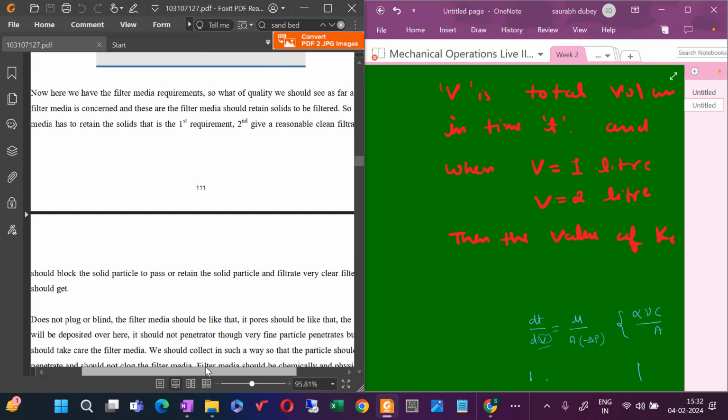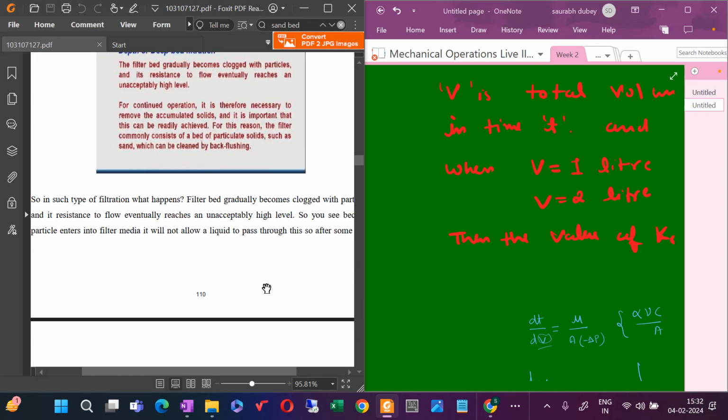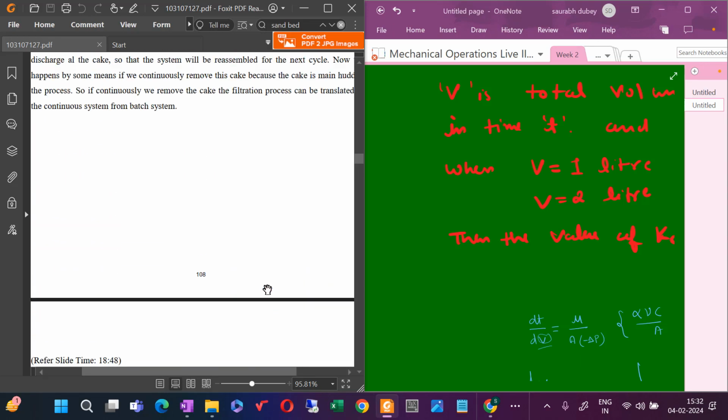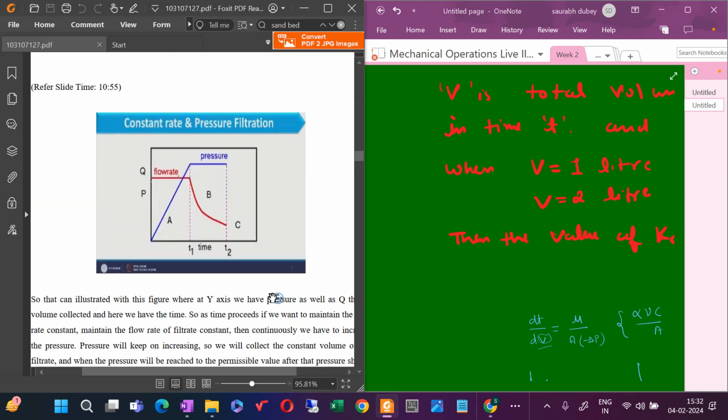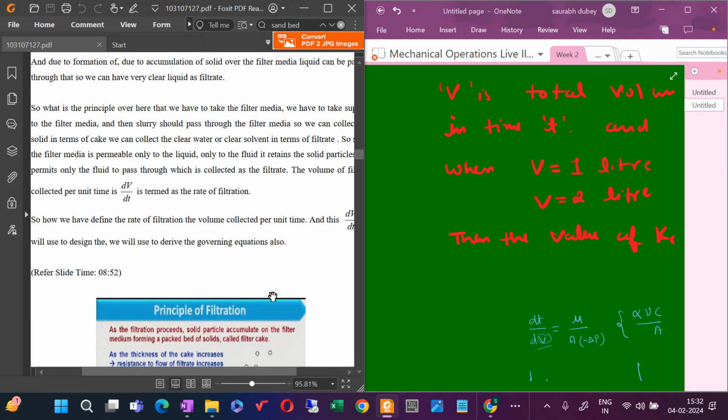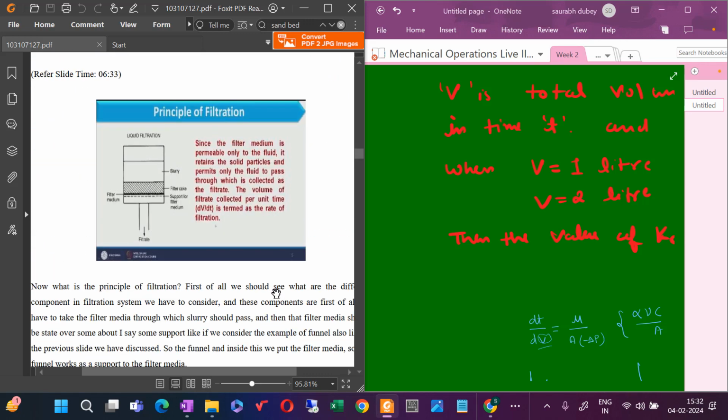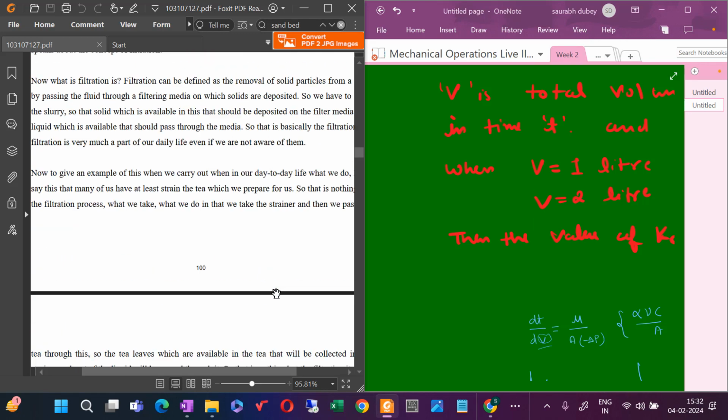Let me just repeat how that equation came up, whose solution gave the value of the Kc. And what is the Kc? What is the physical significance of the Kc?